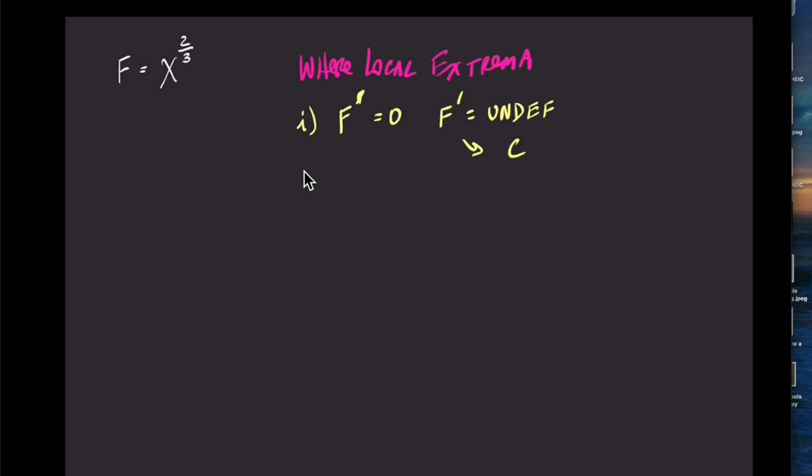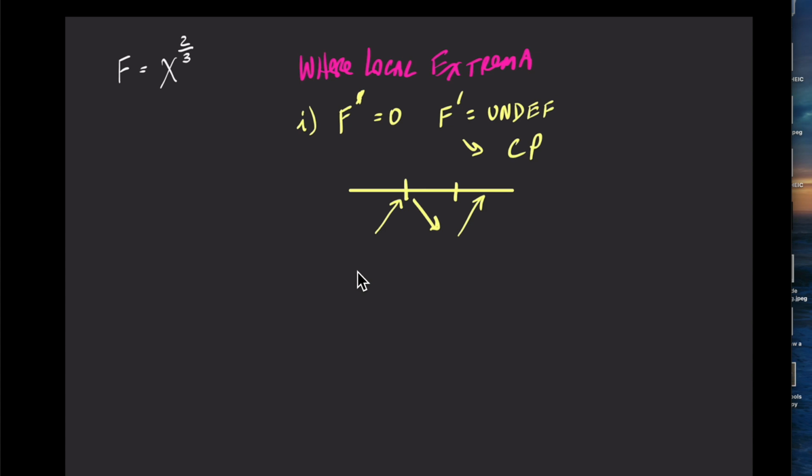That'll give us our critical values. Then we would do a sign analysis on the critical values, and we would see if the graph changes from increasing to decreasing or from decreasing to increasing, and in those scenarios we would have a local minimum or local maximum depending on which critical point we are talking about.